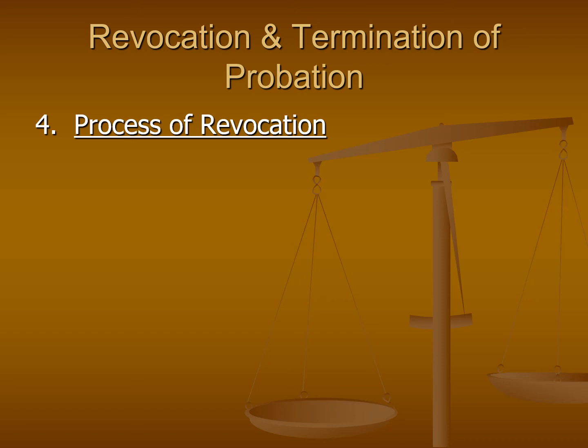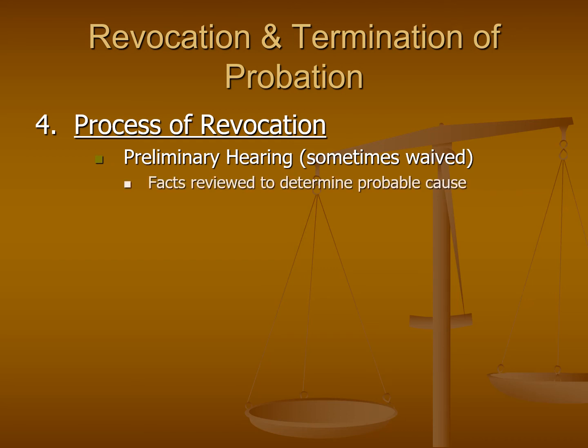So now that we've moved past that sticky subject of how you treat a violation of probation, especially when it is suspected of being new criminal behavior, let's look at the process of revocation. Once an individual is facing potential revocation of their probation, the first thing is a preliminary hearing, to make sure there's enough evidence to move forward. Oftentimes this is waived by the probationer themselves.